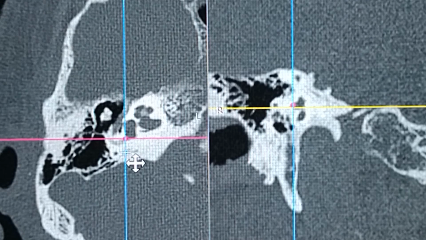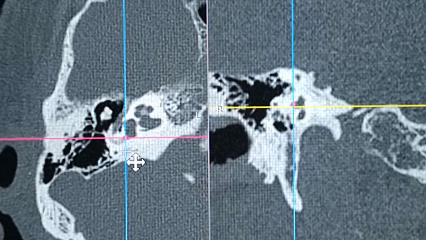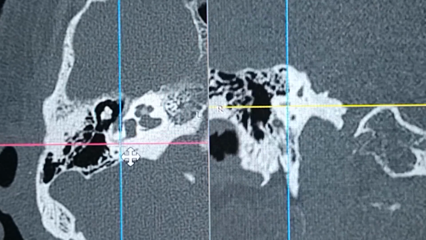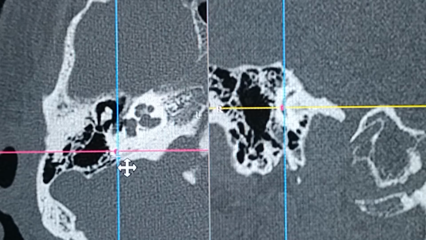So this is a basic structure of the canal. So we saw the superior semicircular canal, we saw the lateral canal, we saw the posterior canal, we saw the crus communes, and both on the axial and the coronal scan. So if I keep my navigation on the posterior canal and I keep on going posteriorly, now see, this is the most posterior aspect and this is the most anterior aspect.